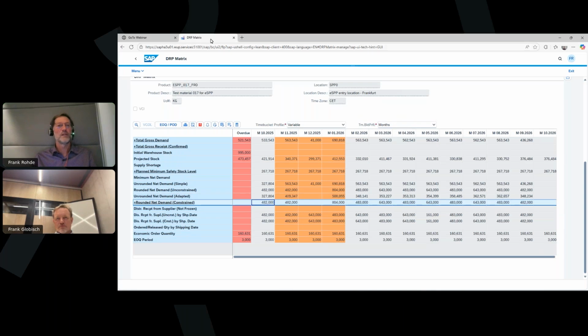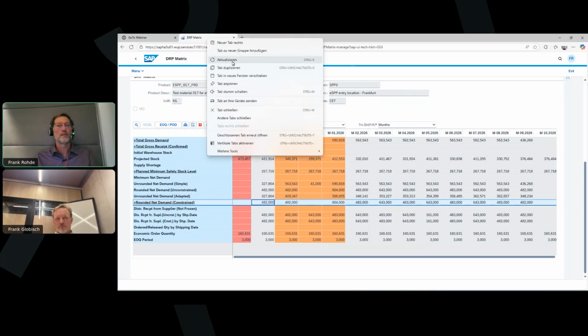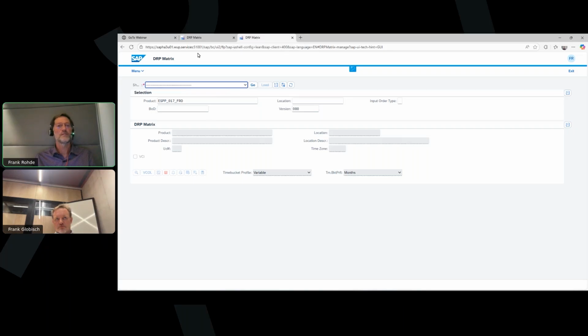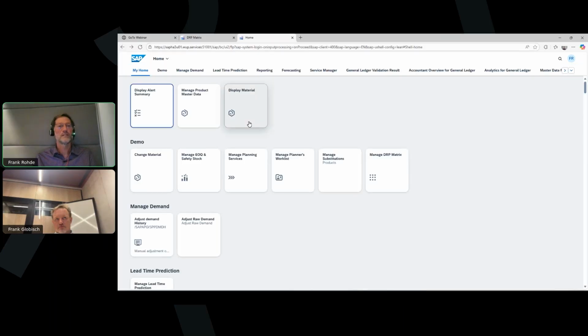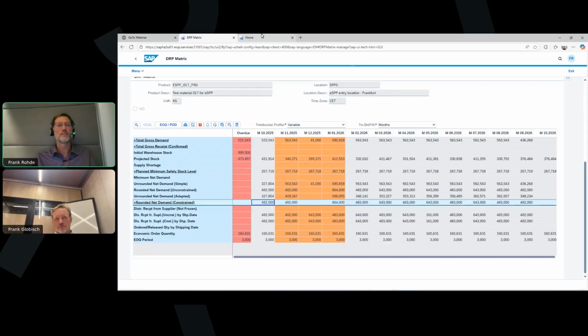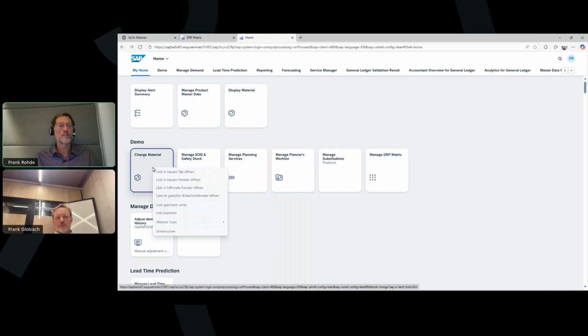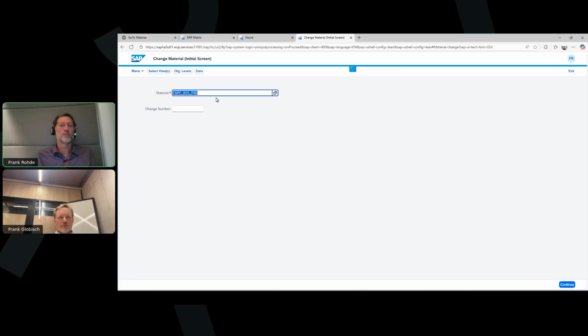And what we now simply do, I duplicate the tab so that we see it again, because I need to keep this DRP matrix. And now what we are doing, we simply change the planning process for that product number 17, not 15.